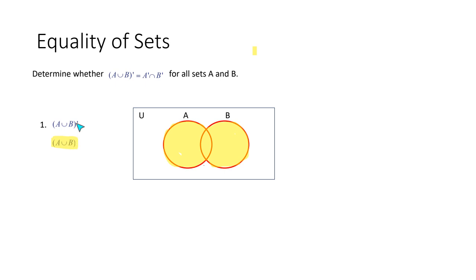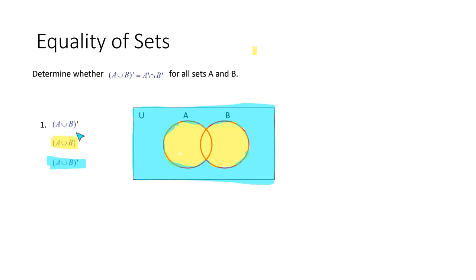However, we still have to worry about the complement. So the complement is everything that is not in A union B. So I'm going to highlight that area in, I guess, turquoise or something. So I'm going to highlight everything that's not in that A union B part. And that's going to be your answer for the left-hand side, okay?